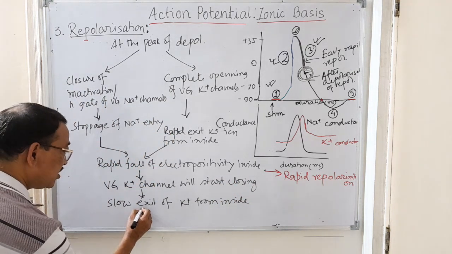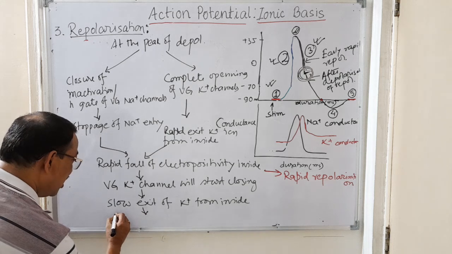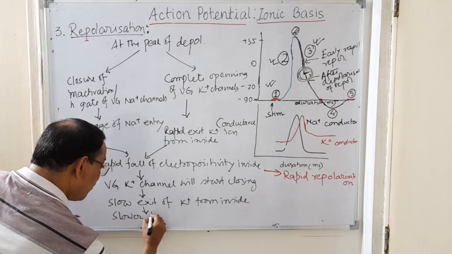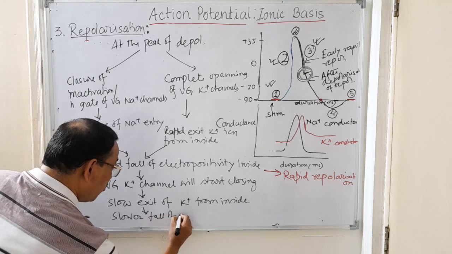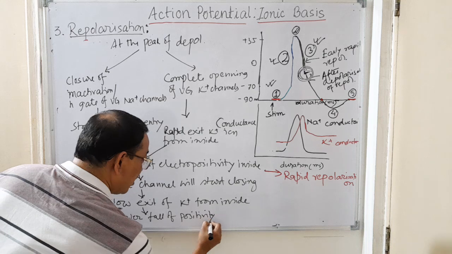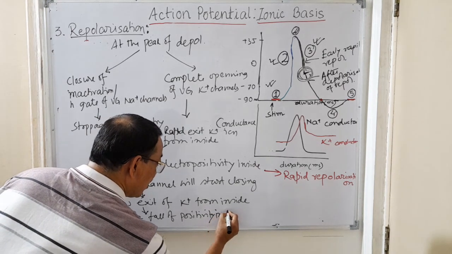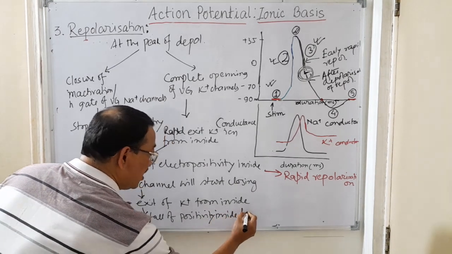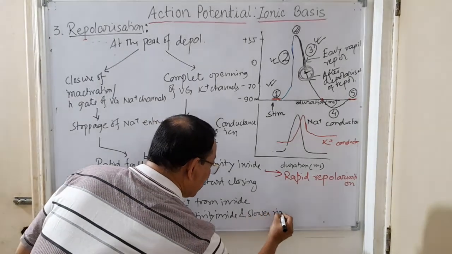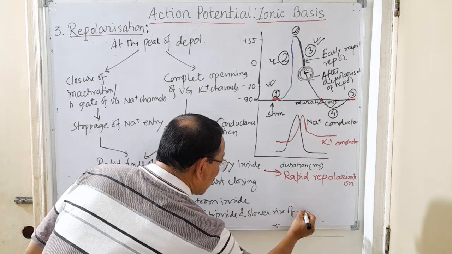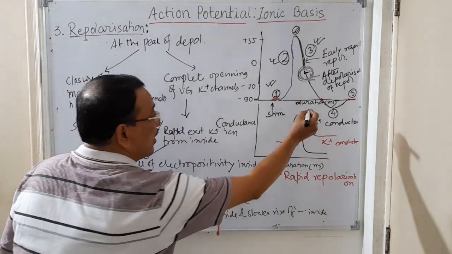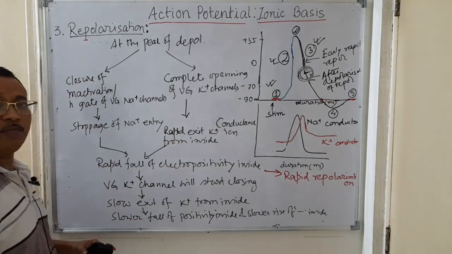And this slow exit of potassium ion means slower fall of positivity inside, and ultimately slower rise of electronegativity inside to the resting value, that is minus 90 millivolt.